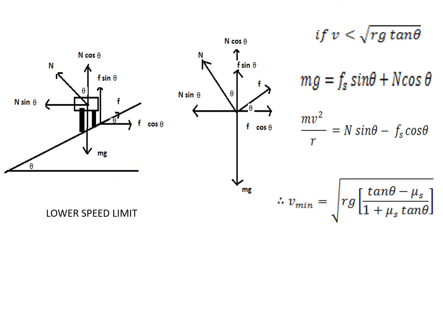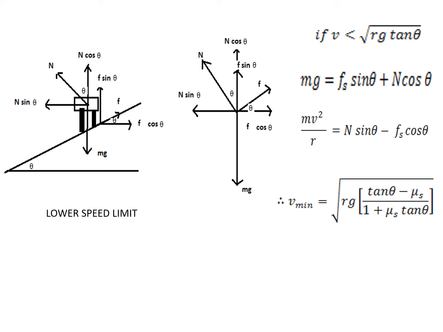If the speed of the vehicle is less than the certain minimum speed equal to under root of Rg tan theta, then the vehicle starts skidding towards the inner edge of the road. In that case, the frictional force acts in the direction opposite to the direction of the skidding.